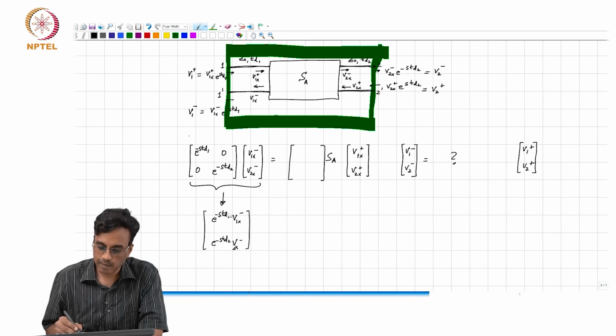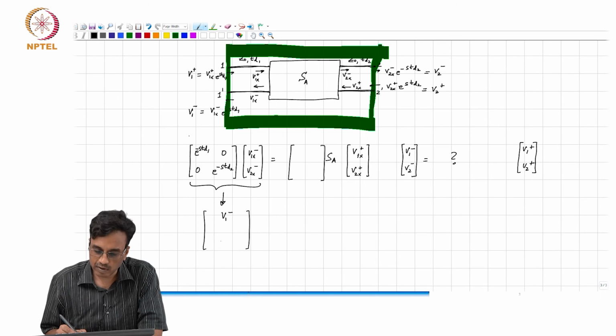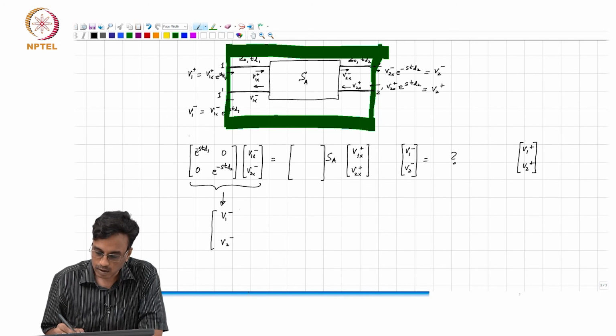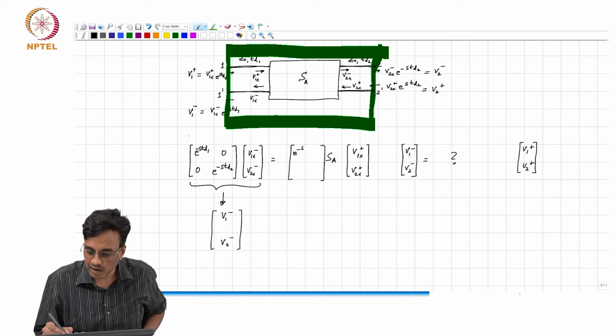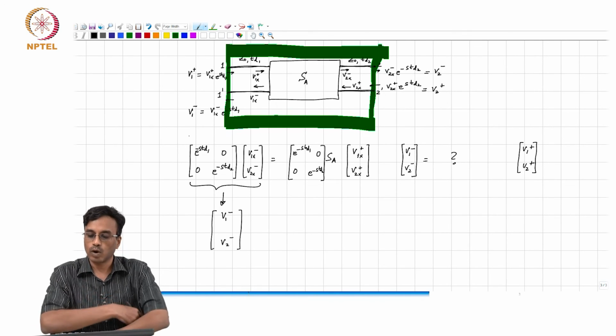So, that is basically, we know this is nothing but V1 minus and this is V2 minus. Okay, very good. So, we are done with one side. This is equal to e to the minus s Td1, 0, 0, e to the minus s Td2. Okay.